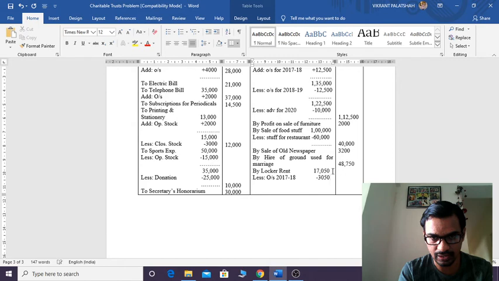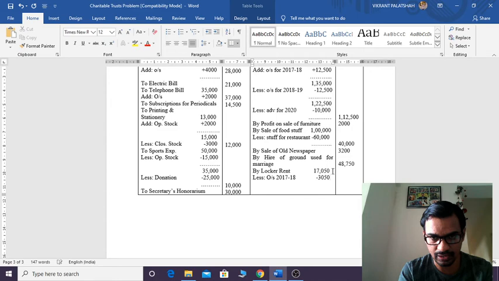And again, current year outstanding is also given. Outstanding of current year, that is 2018-19. What to do with that? We have to add that. So 2018-19, that amount we have to add. And how much is that? It is 1,500. So 1,500 is added. Understood this?